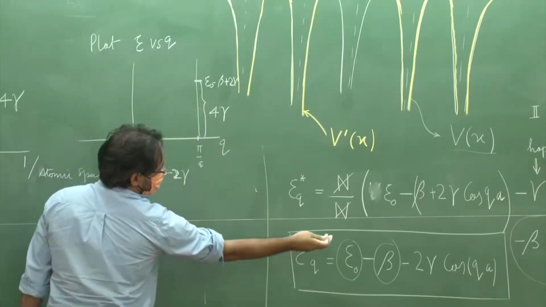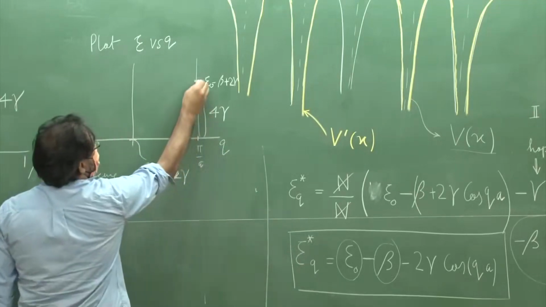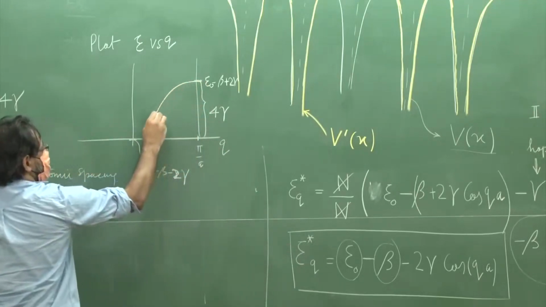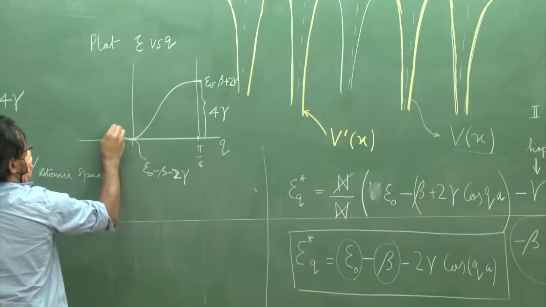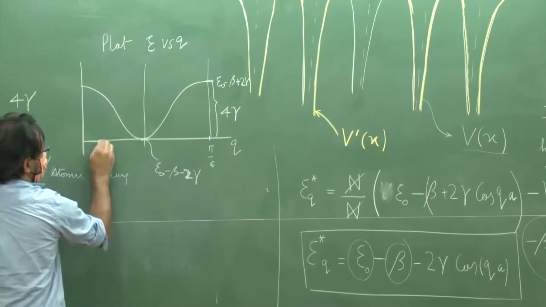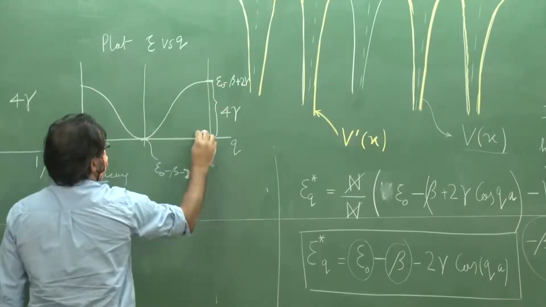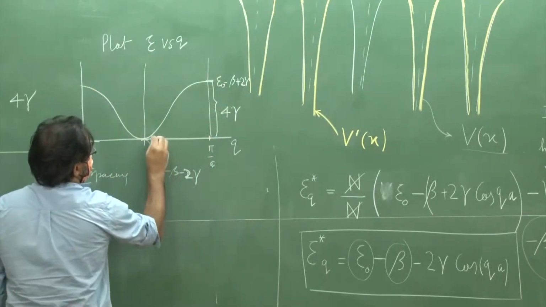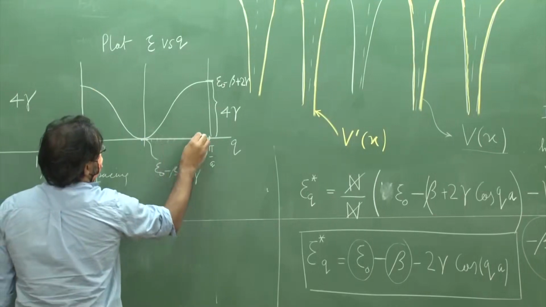And this is simply a plot of the cosine function, so it's going to look like this. So this is your band that you got. The bandwidth is 4 gamma, and these are your various Q values.